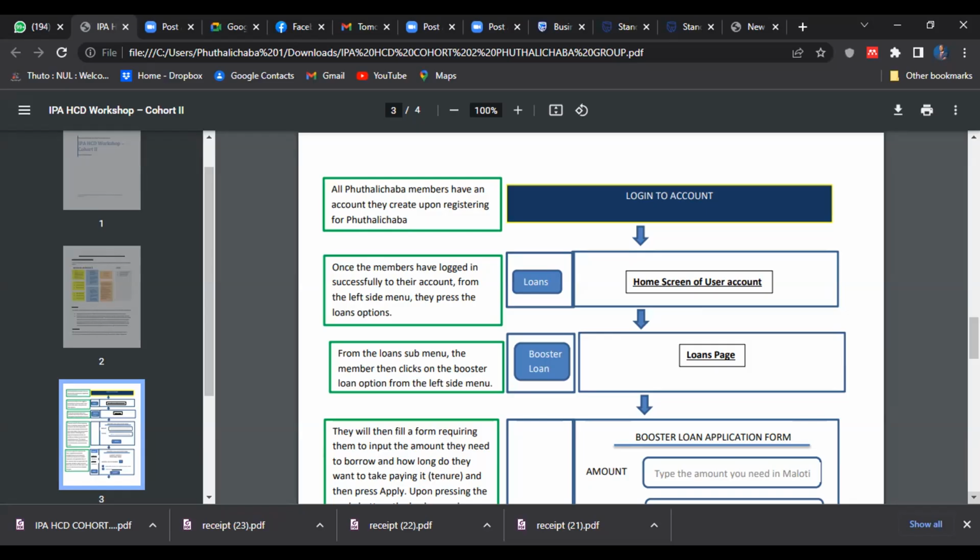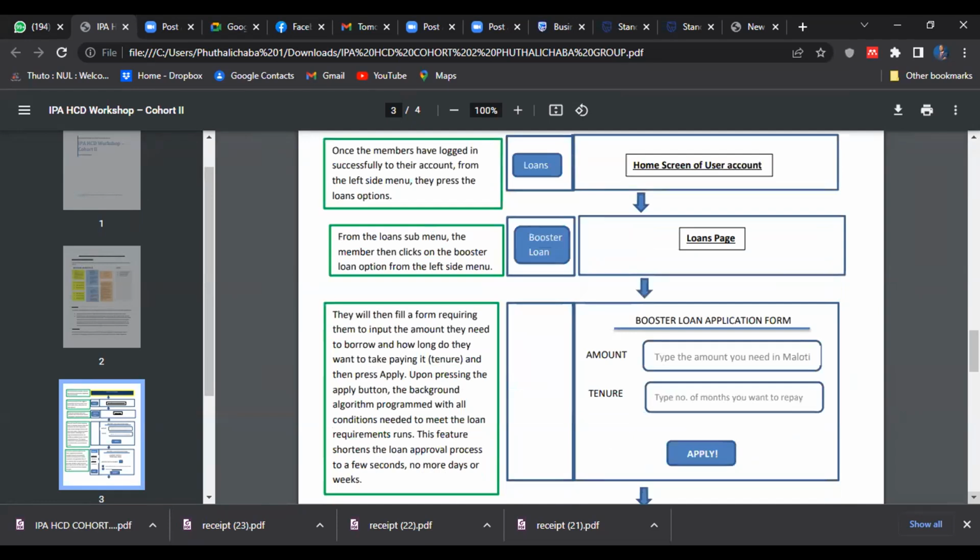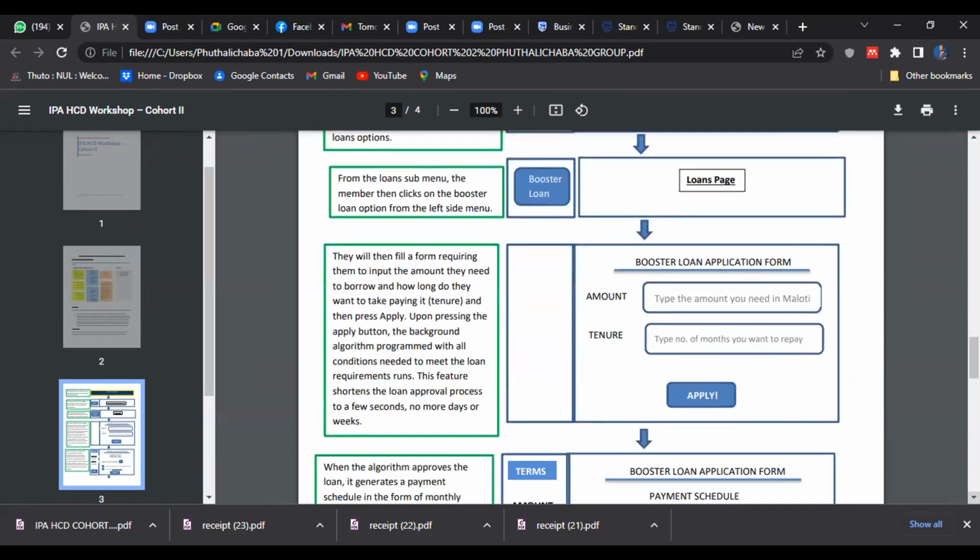Then there are various services within the home screen. Then you will choose the loan page and click on the booster loan. And then after clicking on the booster loan, you'll be able to put in the amount you are willing to take as a loan.